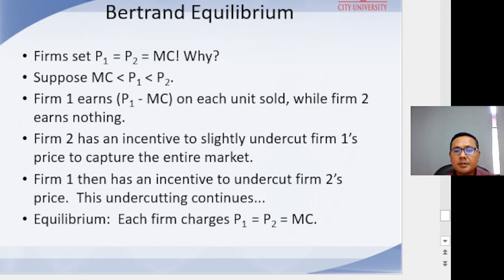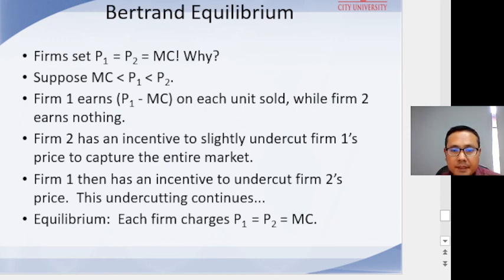Given the price of the other firm, neither firm would choose to lower its price, for then its price would be below marginal cost and it would make a loss. Also, no firm would want to raise its price, for then it would sell nothing. In short, Bertrand oligopoly with homogeneous products leads to a situation where each firm charges marginal cost and economic profits are zero.